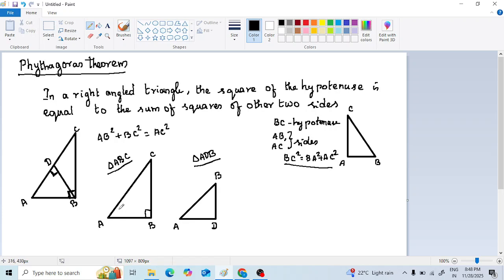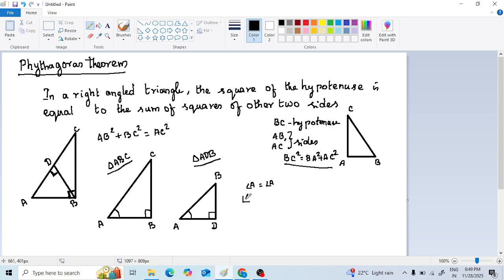From the two triangles we can say angle A is common for both the triangles. Therefore, angle A is equal to angle A, common. And then angle ABC is 90 degrees.